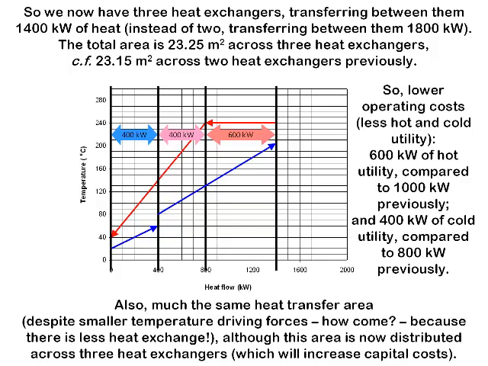Previously, we were doing a total of 1800 kilowatts of heat transfer. We're now doing 400 plus 400 plus 600, which is 1400 kilowatts. We're actually doing less heat exchange because we're no longer transferring heat or providing heat or taking away heat unnecessarily.